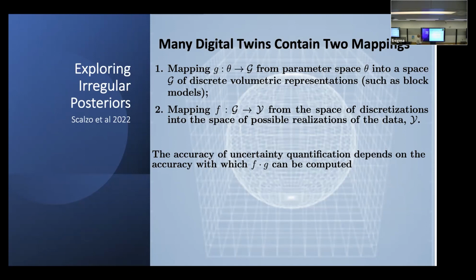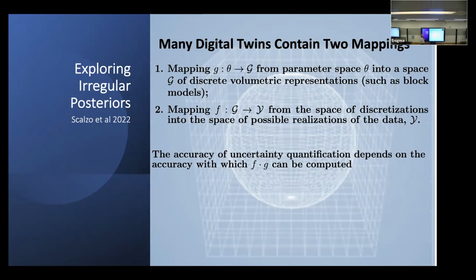So that's the first mapping. And then we're mapping from that volumetric representation to all possible realizations of data. So we're doing both of these mappings as we're trying to connect our physical model, which was parameterized by theta, with the actual data that we can observe.